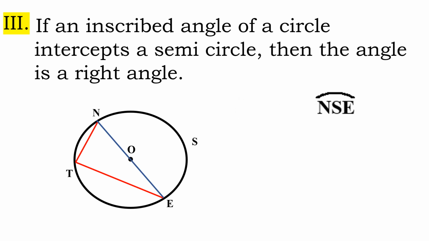Now, arc NSE is a semicircle, because we know that the diameter, which is segment NE, passes through the center of the circle, point O. So therefore, arc NSE is a semicircle. Now, if arc NSE is a semicircle, then we can say that angle NTE is a right angle. So, malalaman mong right angle siya pag meron doong square, yun yung mark niya na right angle.